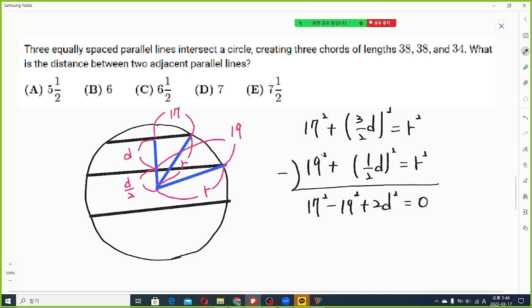So we can subtract these two equations. So what's the value of D?